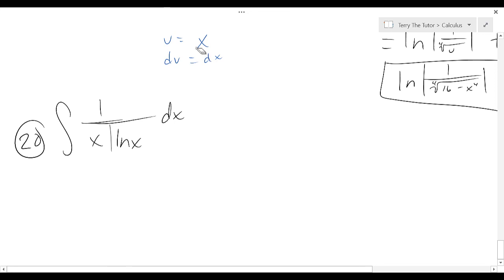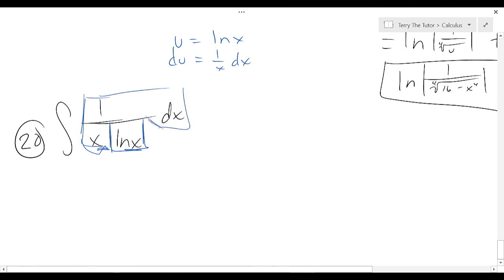Let's try u equaling, let's erase that, u equaling the natural log of x. Well, the derivative of the natural log of x is 1 over x dx. Okay, so I've got u, here's my u, and I've got du, 1 over x dx.